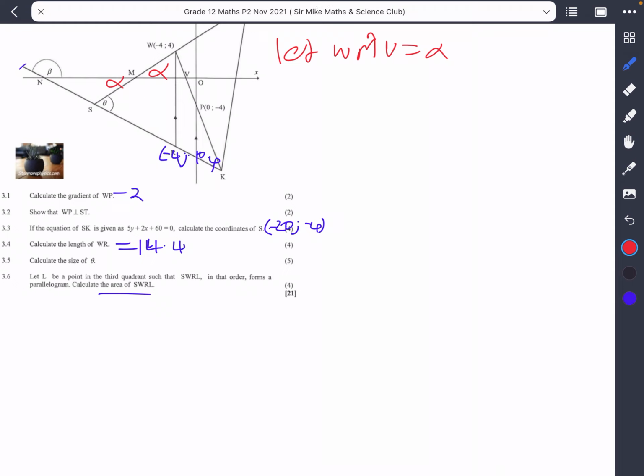I'm going to find that alpha using the angle of inclination of that line, which is SW.